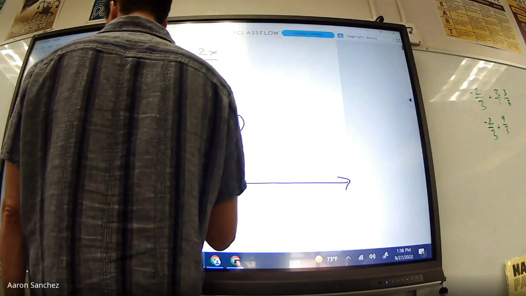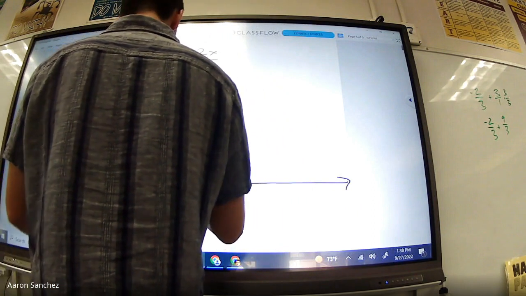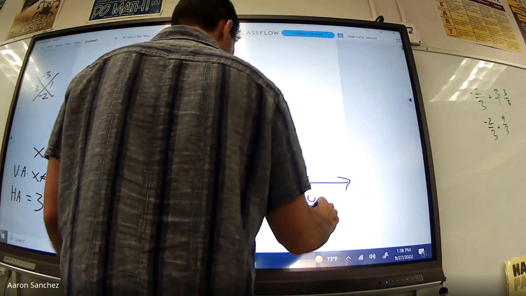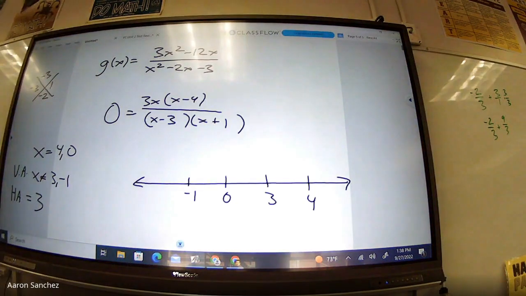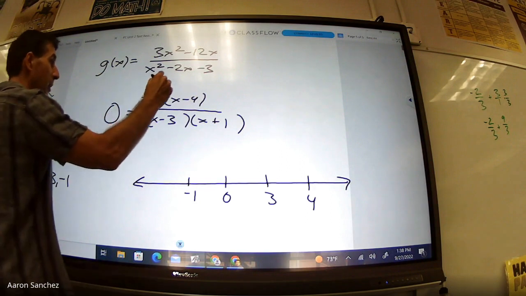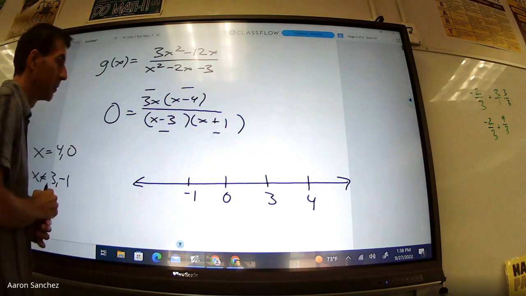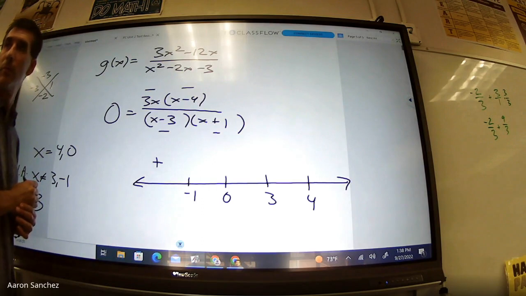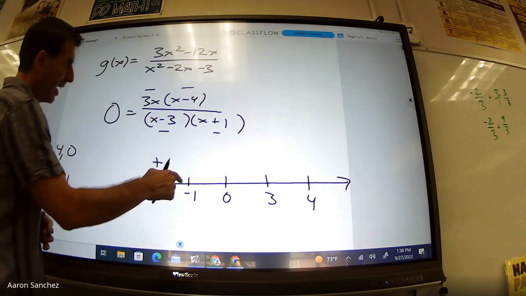My smallest is -1, then 0, 3, and 4. Okay, -2. Negative. Is that too fast for anyone? -0.5.